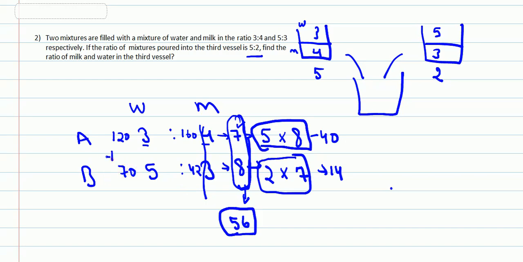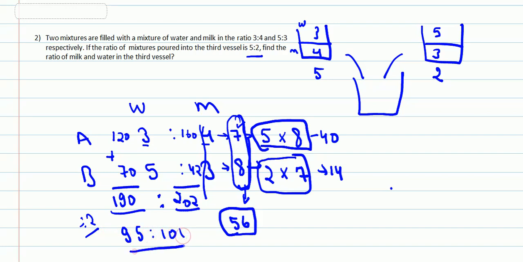Now again we are going to add up these two numbers, that is 190, and it will be 202. This is going to be our ratio, guys. Now as we can see, it can further be simplified with a number, and that is 2. Now if we simplify it with 2, we'll be getting 95:101. So the final answer will be 95:101.